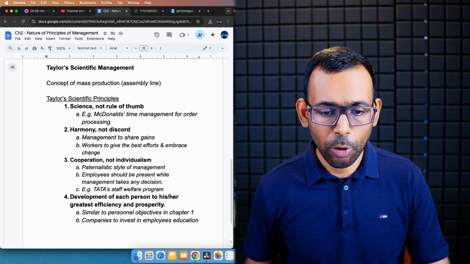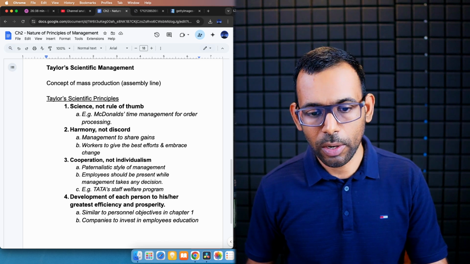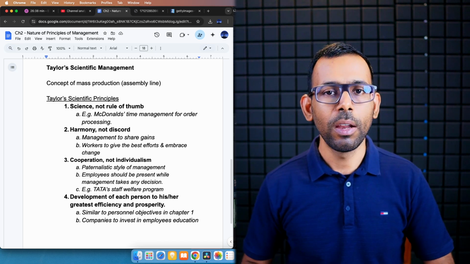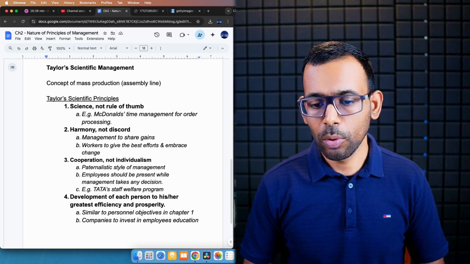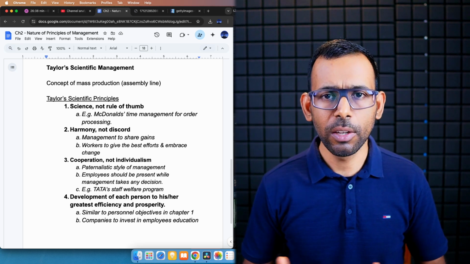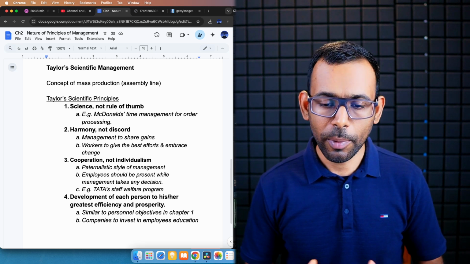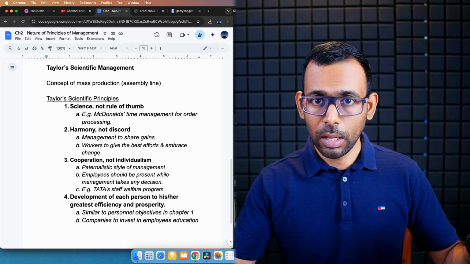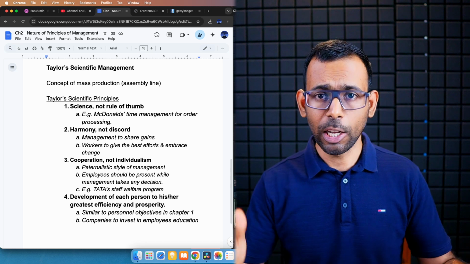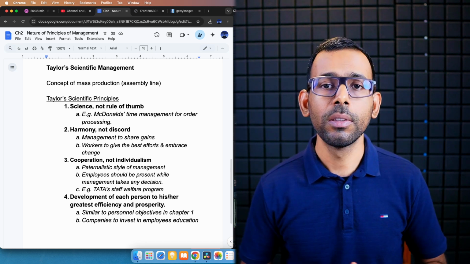The example that I want to give in India's context is Tata's staff welfare program. I had the opportunity to go to Jamshedpur about 15 years ago during my articleship for an audit. There I saw how Tata Nagar looks, which has the quarters of all the Tata employees.